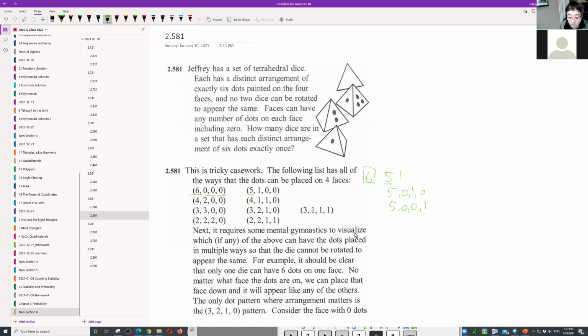Basically, there are 4 faces. So if you rotate enough, those arrangements will appear the same. So basically we combine this into just one case. Then these are all the same.